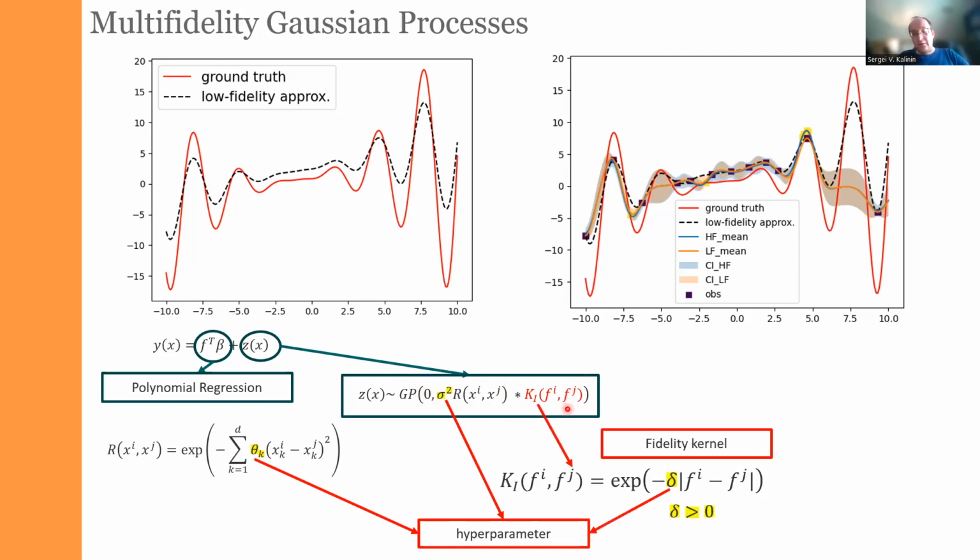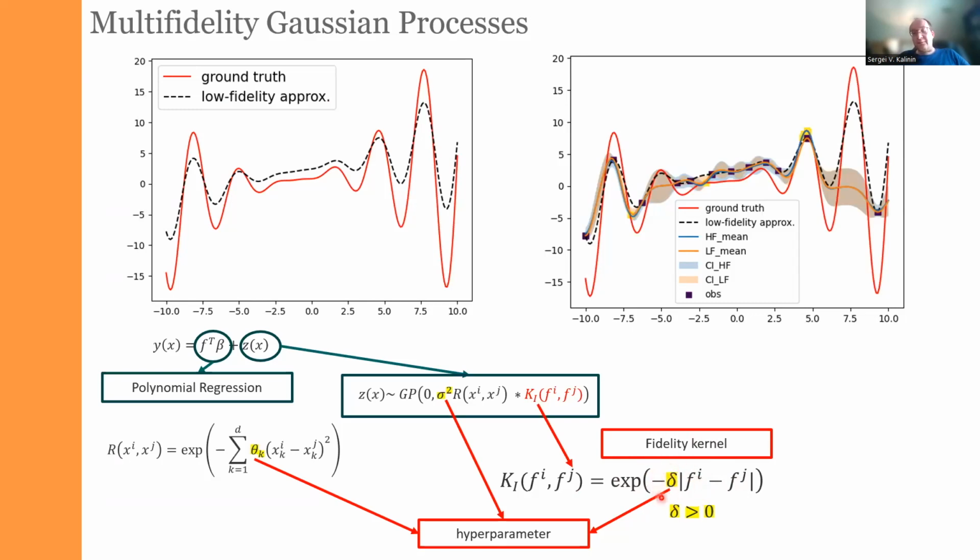This is done using the so-called fidelity kernel. How the fidelity kernel is introduced is a little bit of an open issue. In the code implementation that I'm going to show, the fidelity kernel is simply defined by two parameters, and then we have some constant that makes it tunable.